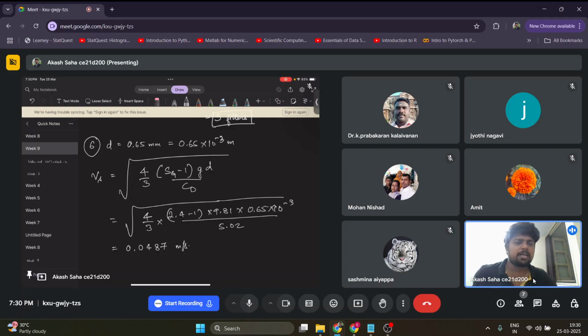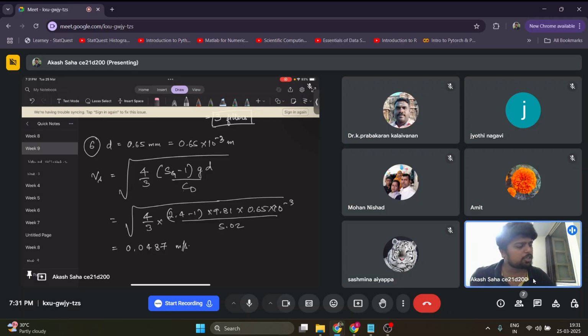We did it 2 or 3 times, and when we got a consistent answer, we stopped and said that this is the settling velocity. So that's what you have to do when we don't know what type of settling is happening. But in this case, we know that discrete settling will definitely not happen, so we just use the general equation directly.